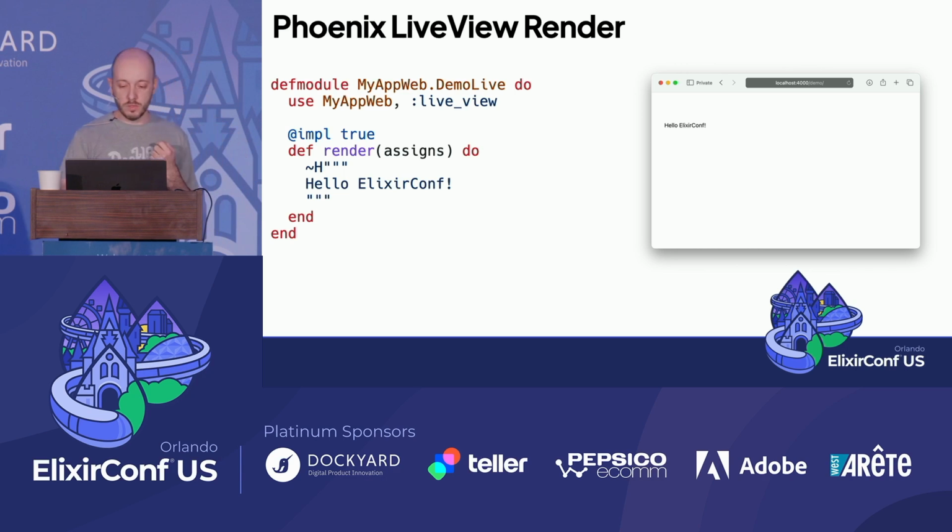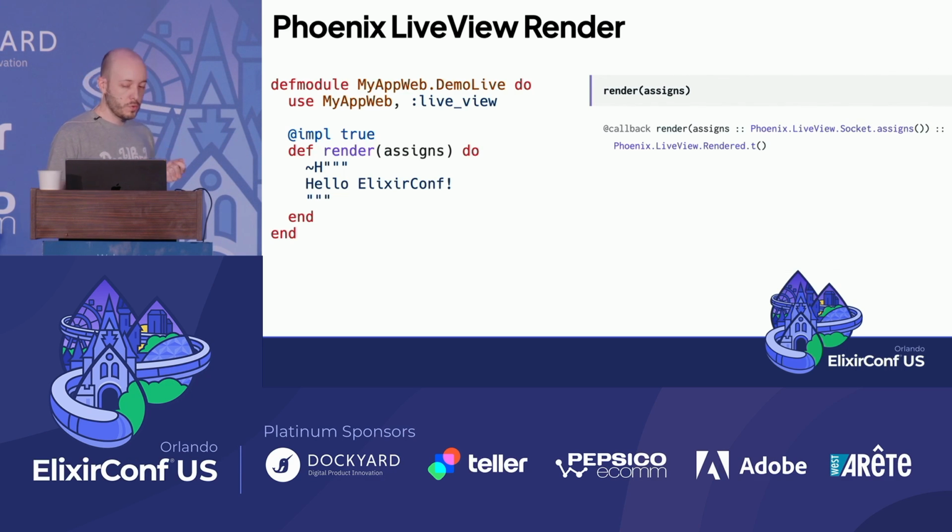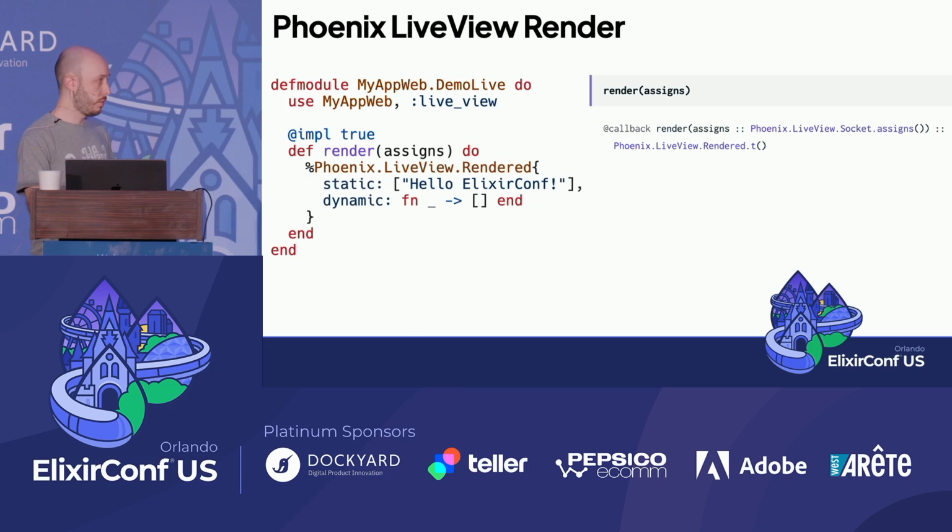But the interesting fact about this LiveView is if you look at the render callback specification, you see it's expecting a rendered struct, which means the HEEx is essentially compiling the template for us, the hello ElixirConf string, and building that struct for us.